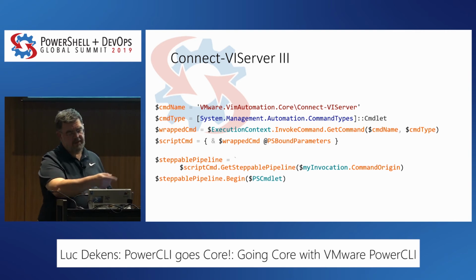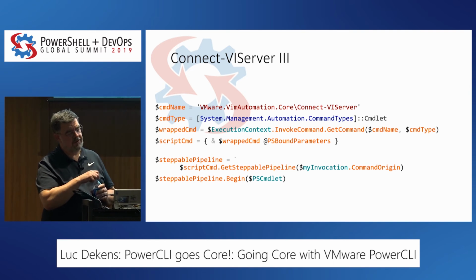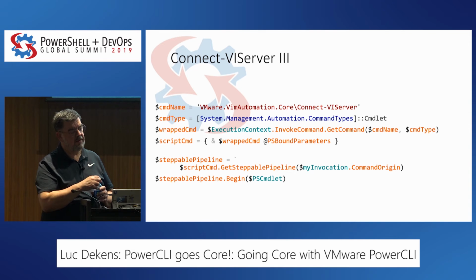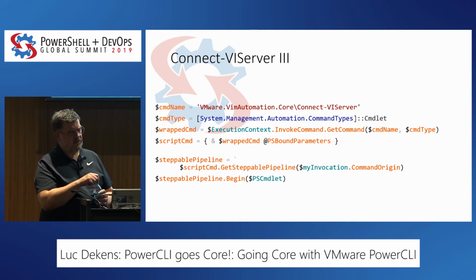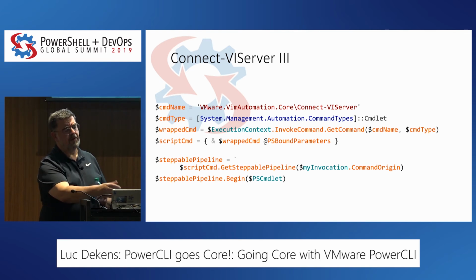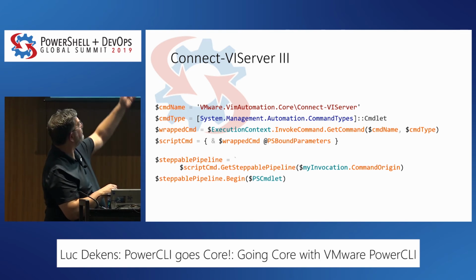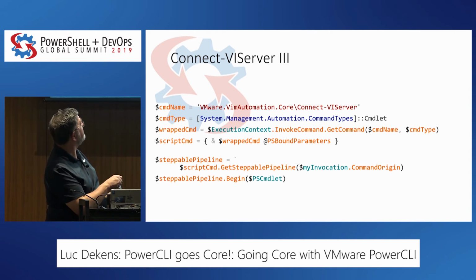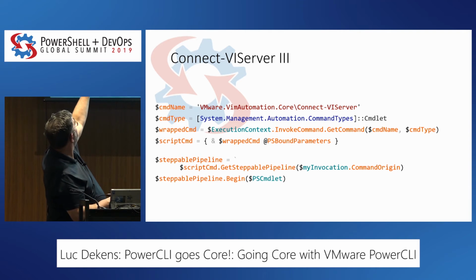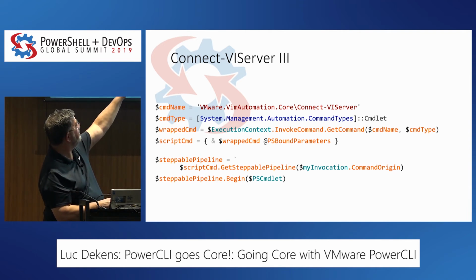This is the part where you actually call the original Connect-VIServer commandlet. So this is not really important for this solution. It's just to show you how such a proxy commandlet works. This is the part where we do the actual call. So you can see in this list that it gets the metadata, and then in the end, on this script command, it wraps the command.